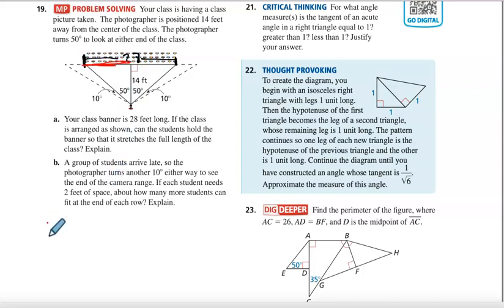So I have the tangent of 50 is equal to the opposite, which is my unknown, over the adjacent, which is 14.